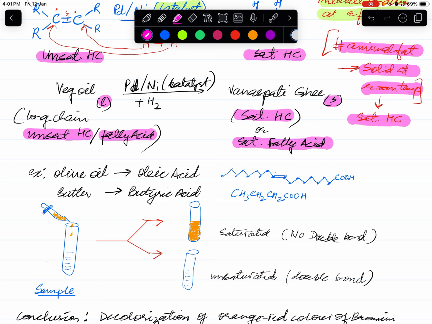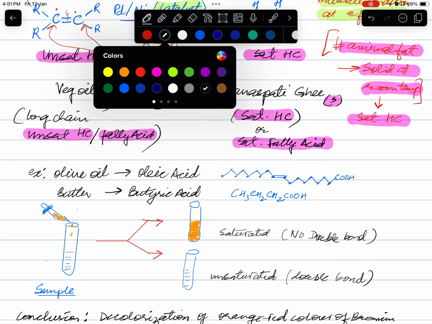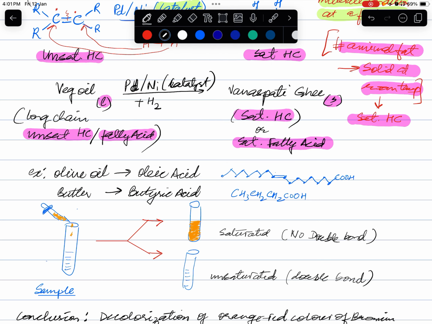So write down the definition of fatty acid here. Long chain carboxylic acids are called fatty acids. So fatty acids are nothing but carboxylic acids with a long hydrocarbon chain, that means with a large number of carbon atoms. So this is what a fatty acid is.